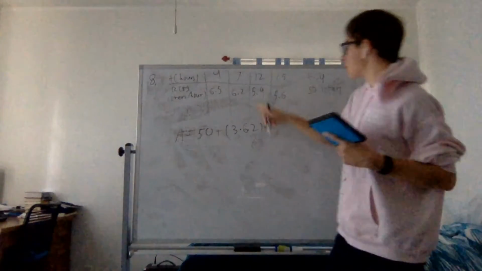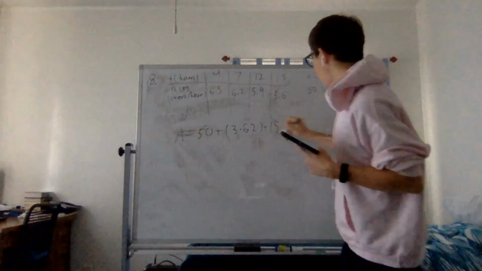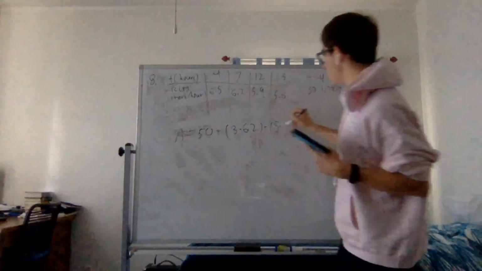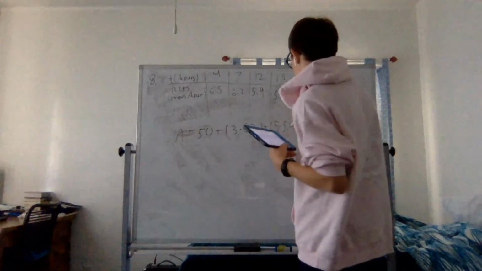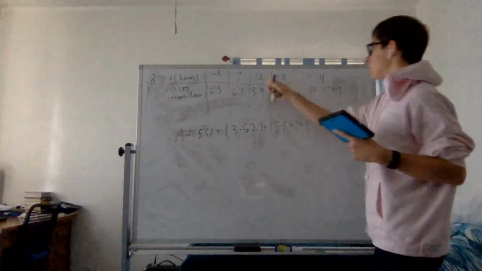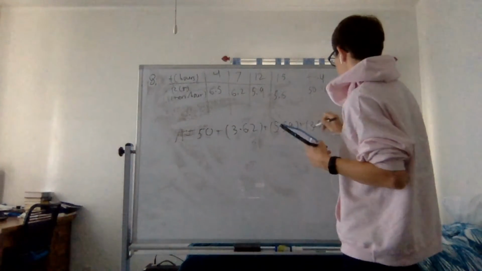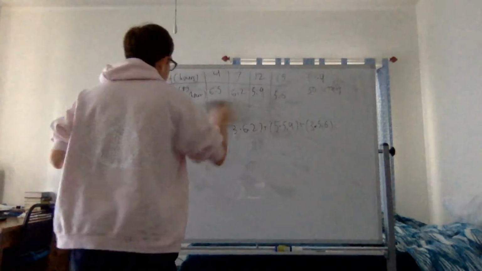Plus the next rectangle, from 7 to 12, so that's 5 times the right value, which is 5.9, plus our next rectangle from 12 to 15, which is 3 times 5.6. And I'll give you guys the answers right in the middle here.